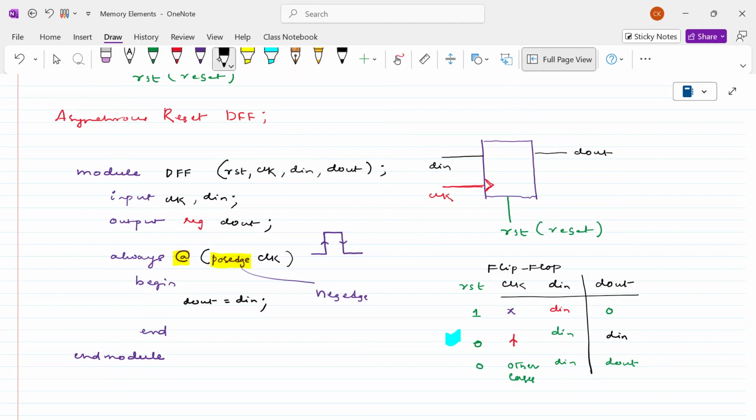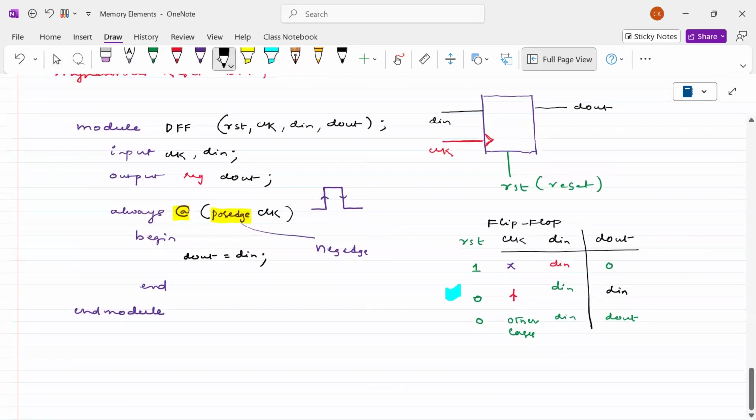Let me write the reset also, RST, reset. Okay, now we have to add RST as well. Let me come here, RST, of course, let me go in a better way. First RST means let me write RST first. RST, okay. Output is registered at the clock edge only. Now, how does the output change?